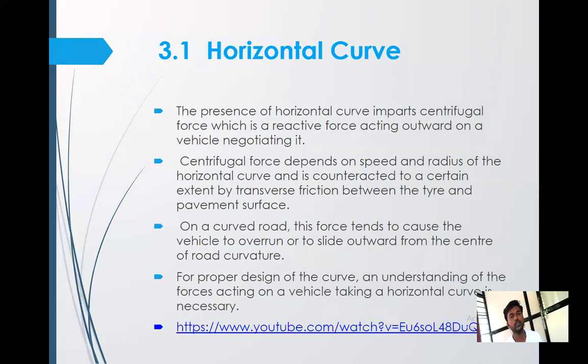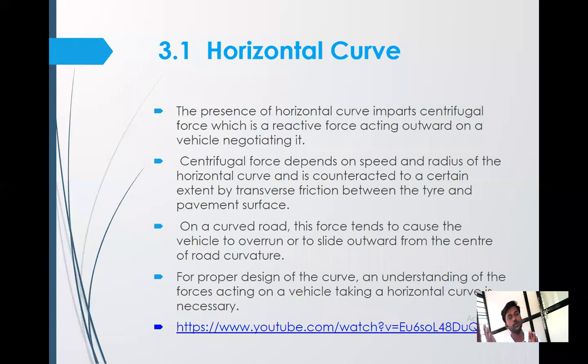At the horizontal curve, you might have seen whenever you are traveling on the highway, one edge of that curve is raised as compared to the other edge. This is called super elevation. Why is this provided?